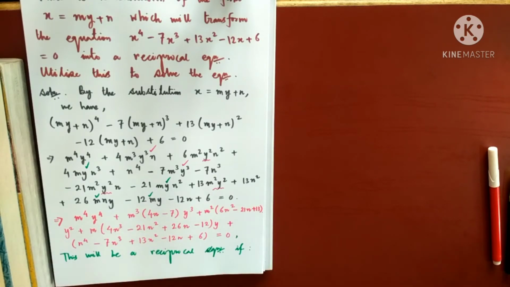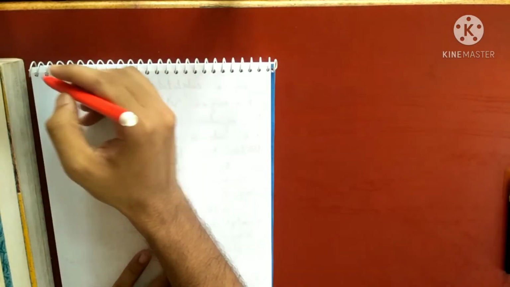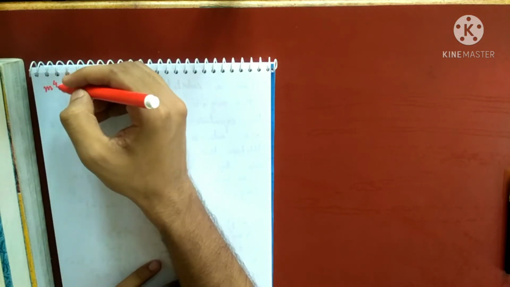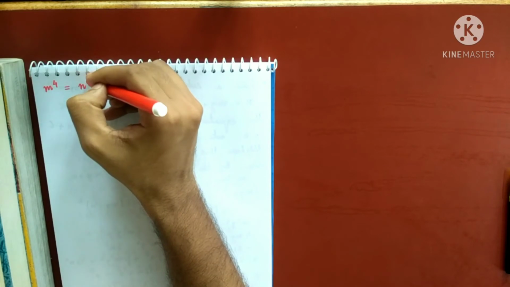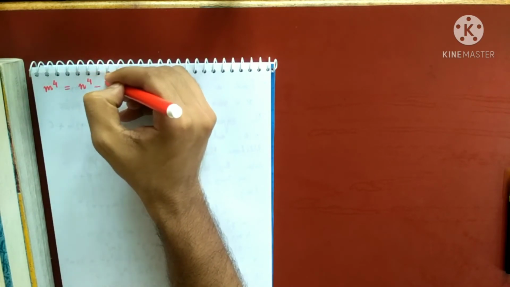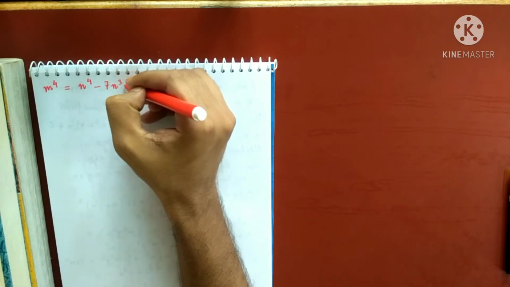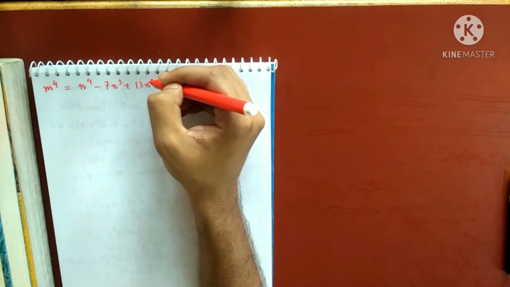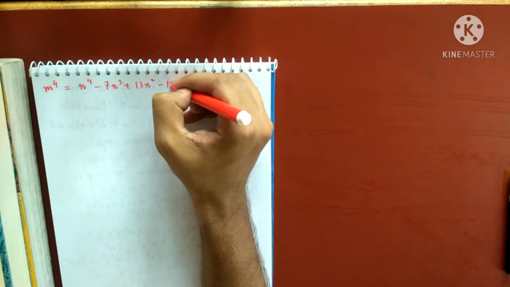Okay, so this will be a reciprocal equation if the first coefficient is same as the last coefficient. The last coefficient is this, n cube plus 13n square minus 12n plus 6.